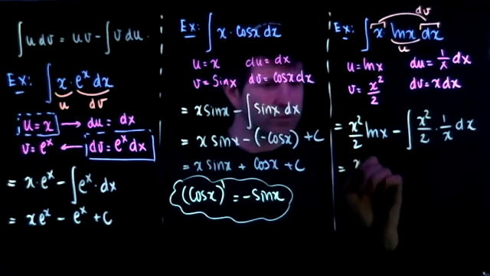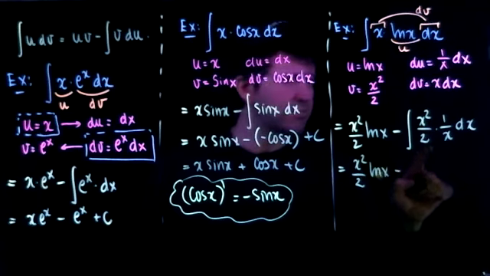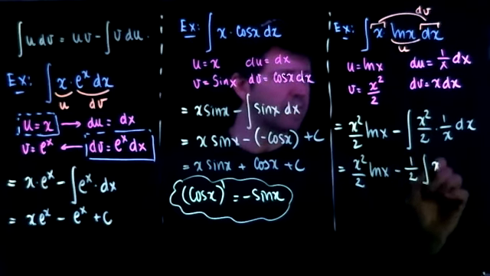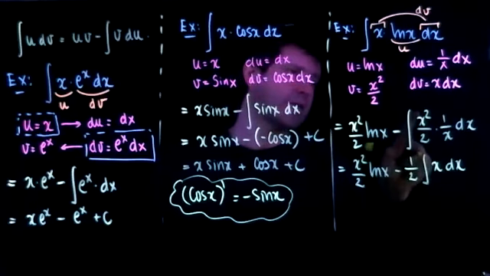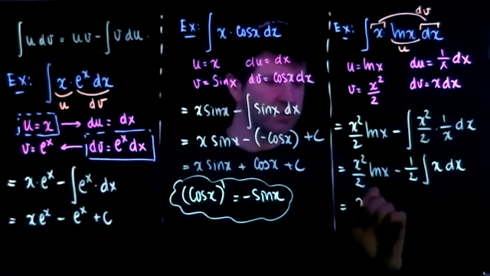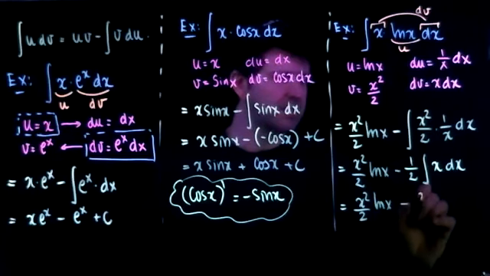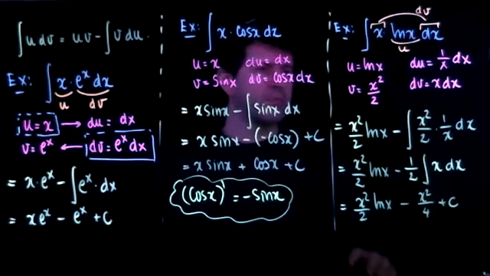And that's equal to x squared over 2 ln x minus, pull out a half outside, the integral of x dx, right? x squared over x is just x, and that's a very easy integral again. So x squared over 2 ln x minus x squared over 4 plus c.